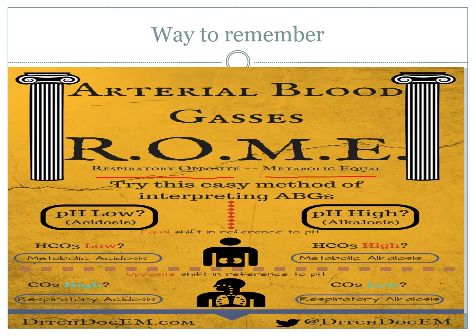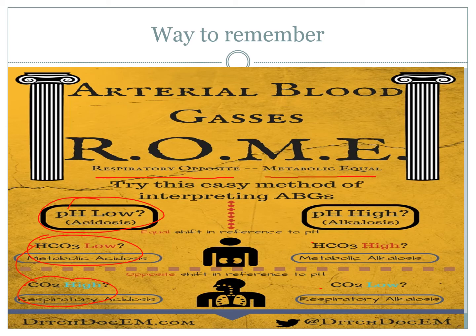Respiratory values coming from CO2, metabolic values coming from the bicarbonate, which is your HCO3. So as the pH lowers, the carbon dioxide rises or the bicarbonate lowers. Once you've seen which one follows it, that gives us an indication of whether it's more likely to be respiratory or more likely to be metabolic based.